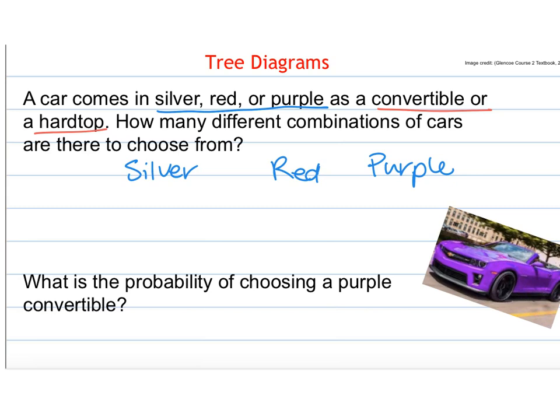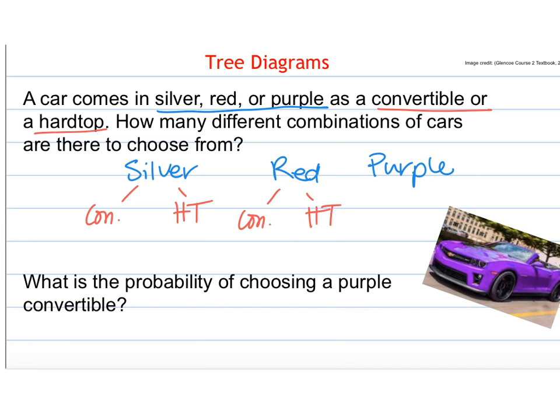The next one was choosing either a convertible or a hardtop. If you chose a silver car, you could either get the convertible or you could get the hardtop. If you chose a red car, you could get a convertible or you could get the hardtop. And I'm just abbreviating instead of writing out the whole word, but at least enough that we'll still understand what it's saying.